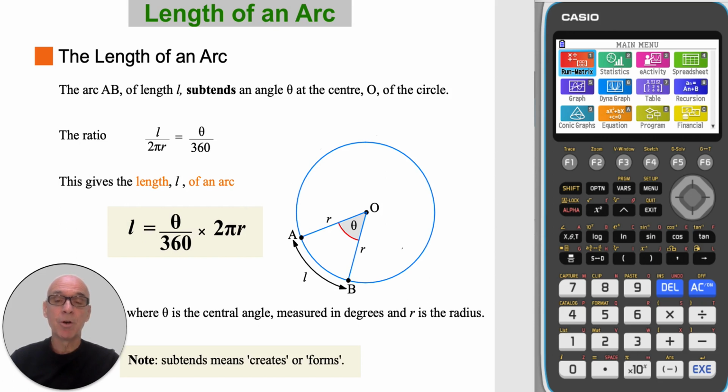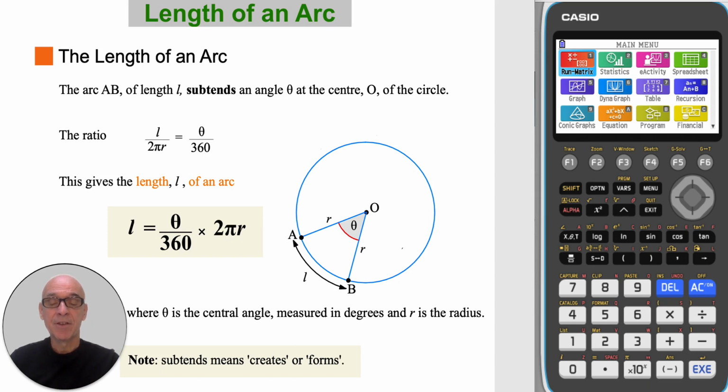The ratio of an arc length, L, to the circumference of a circle, 2 pi r, is equal to the ratio of the central angle, theta, to the entire angle, 360 degrees.